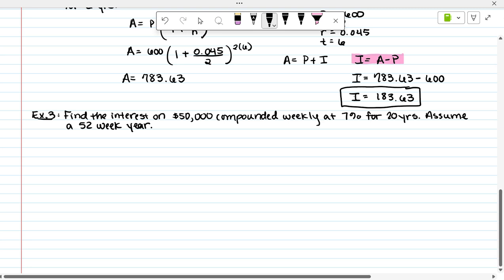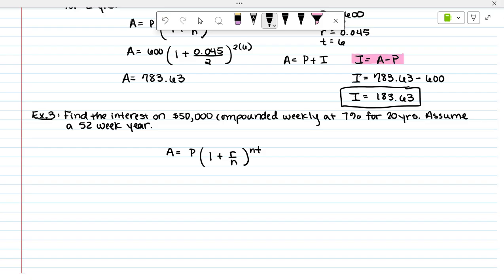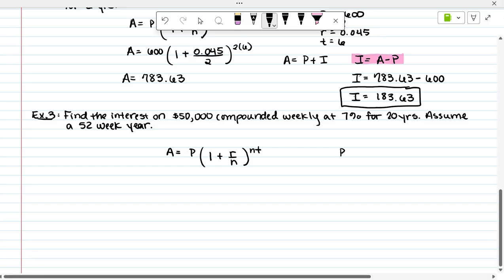All right, I write down my formula. Guys, you will be given the formula for your test, so don't worry about memorizing it. 1 plus r over n, all to the nt. Then you start labeling what everything is. Put a number to a letter. Find the interest on $50,000. There's my principal right there.